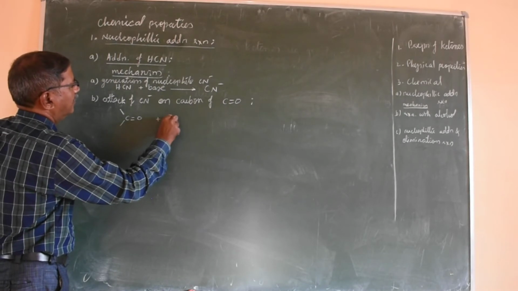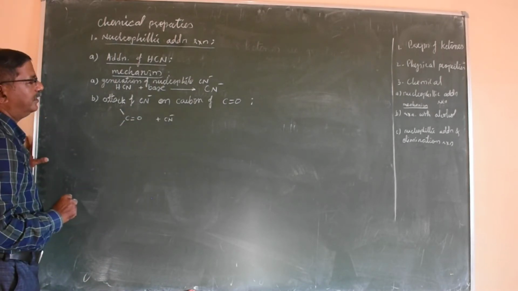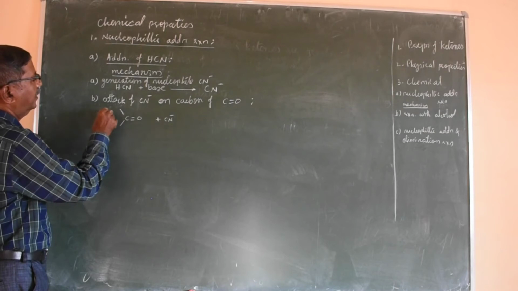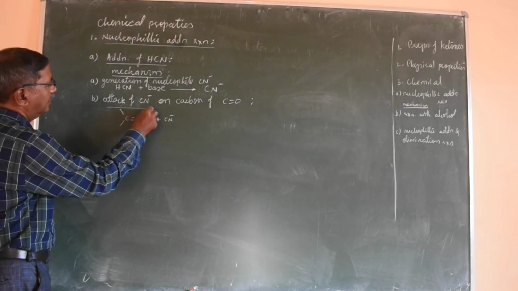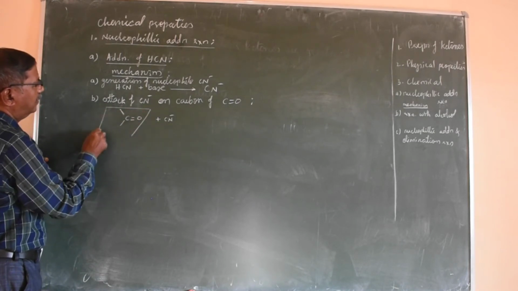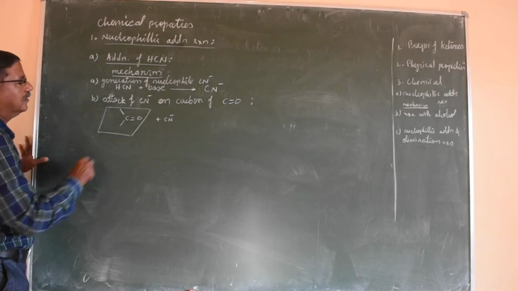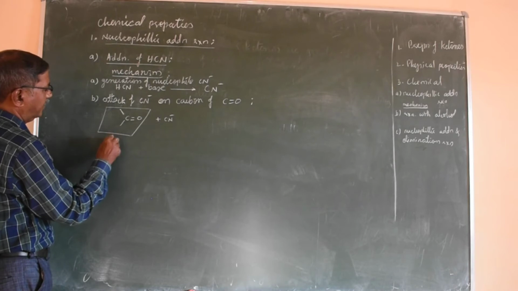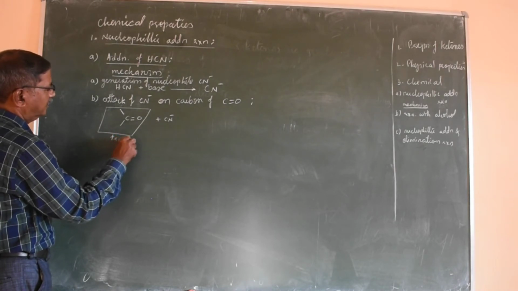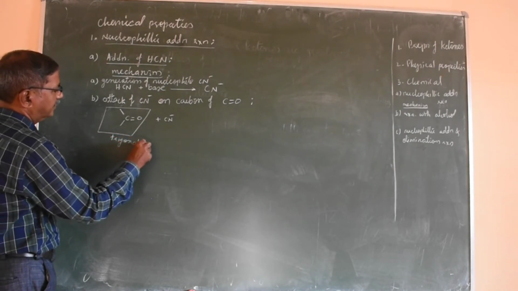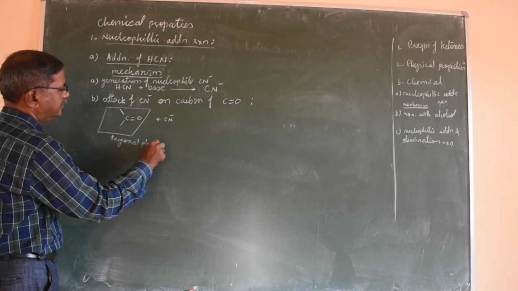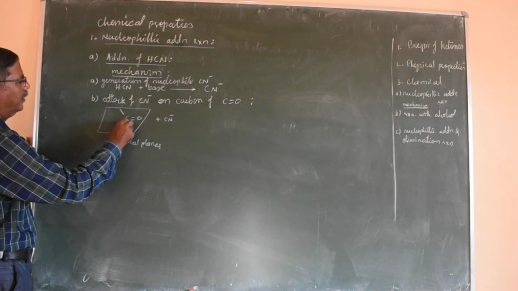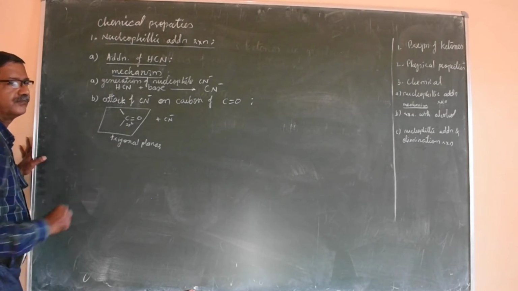The CN minus attacks this carbon perpendicular to the plane. The carbon is sp2 hybridized, so it is trigonal planar.